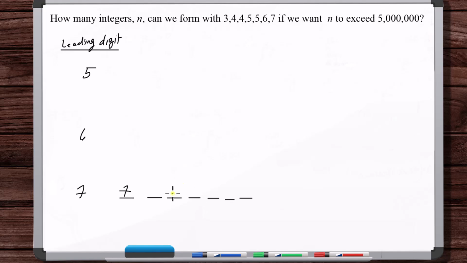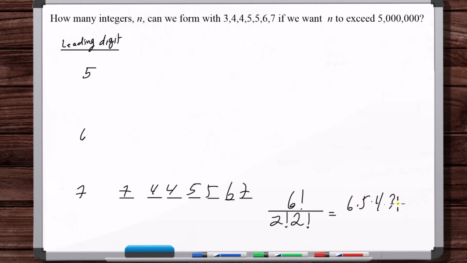So it's just the total number of arrangements of the 4, 4, 5, 5, 6, 7, right? The total number of different arrangements of this is going to be 6 factorial over 2 factorial times 2 factorial. So that's 6 times 5 times 4 times 3 times 2. So it's 30 times 6, 180.